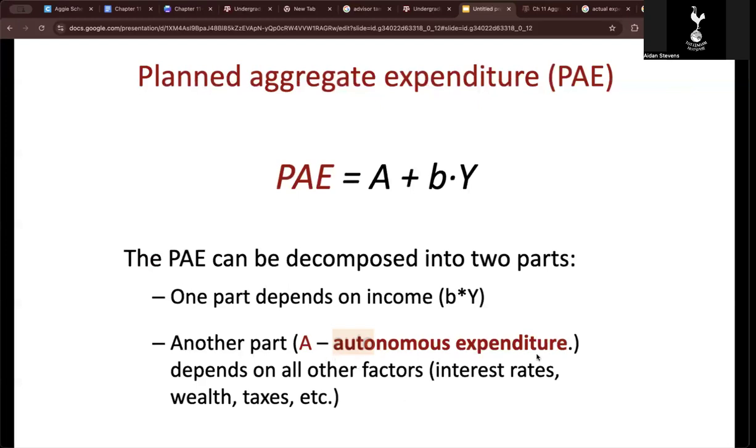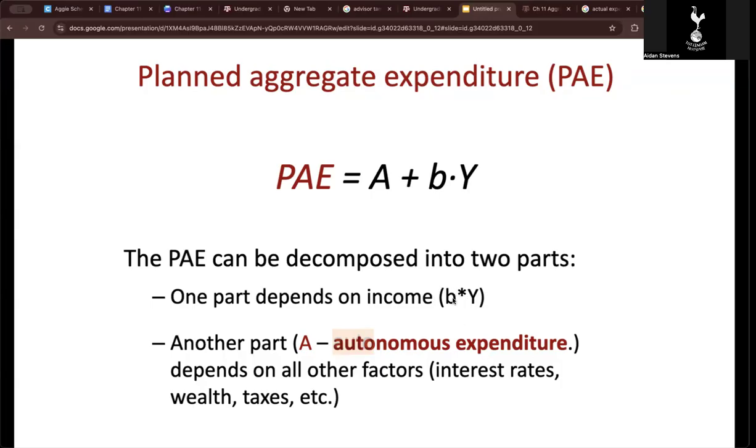Some examples are parts of consumption, such as basic consumption, things that you have to do no matter what, because even with income changing, you're always going to be spending a certain amount of money. Government spending, because government spending isn't affected by income. Planned investment, you had already planned for this investment to begin with, so it shouldn't change. And then net exports.